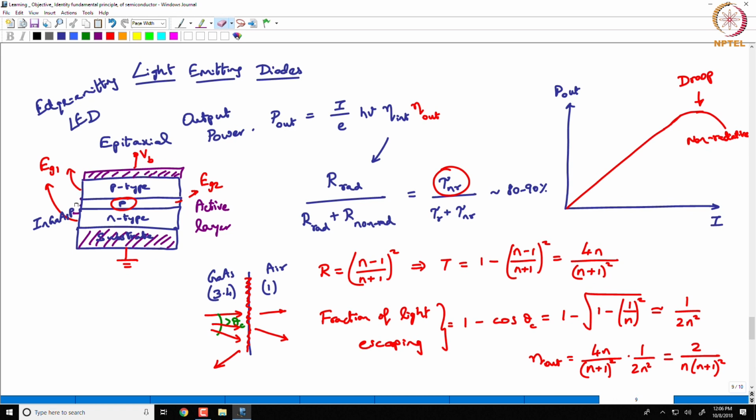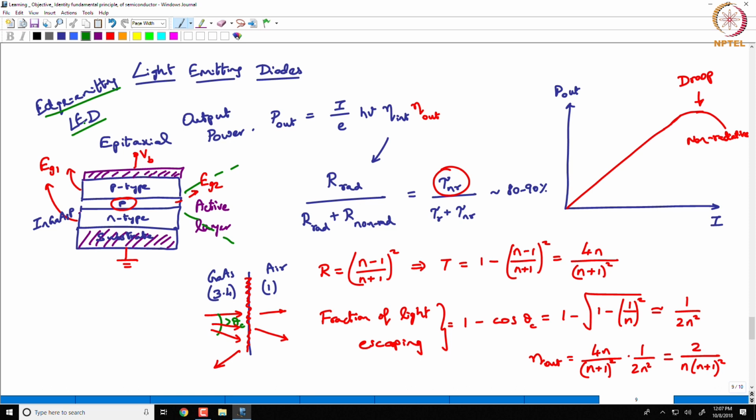For an LED, you do not have mirrors on either side. So, the light emission is likely to happen like this. Okay. So, since it's emitting from the edge of that structure, we call this an edge emitting LED.